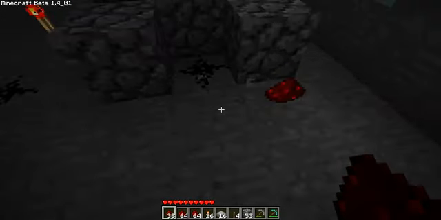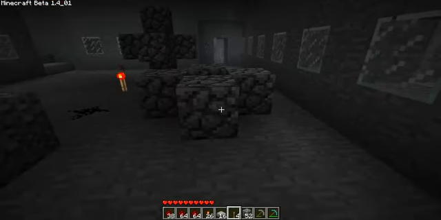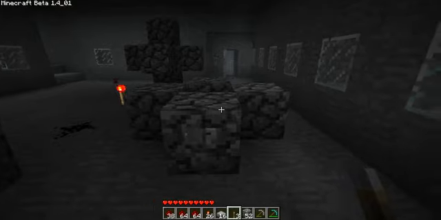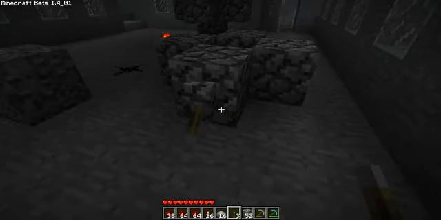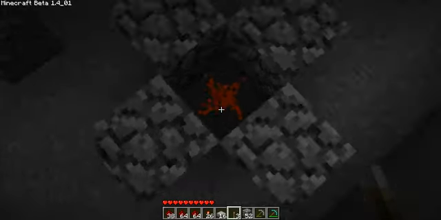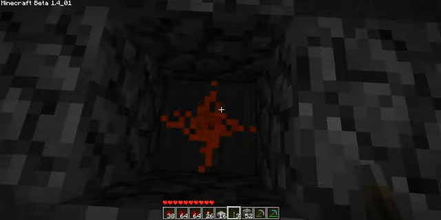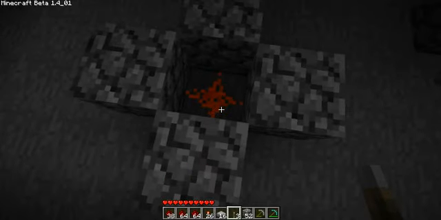Here, I'll give you an example. This lever is connected to this block. I flip the lever on. This block becomes powered, which powers all blocks horizontally to it. And this redstone horizontally to it is powered.